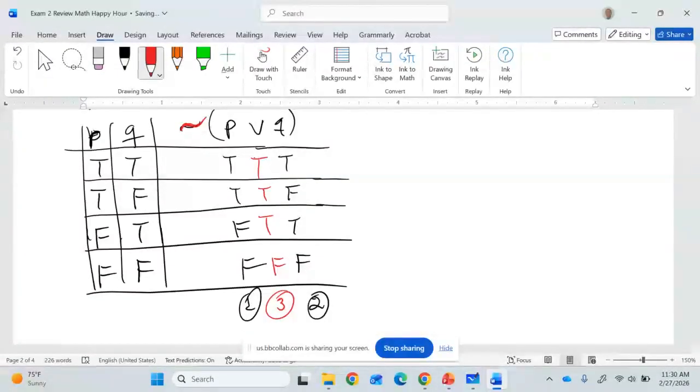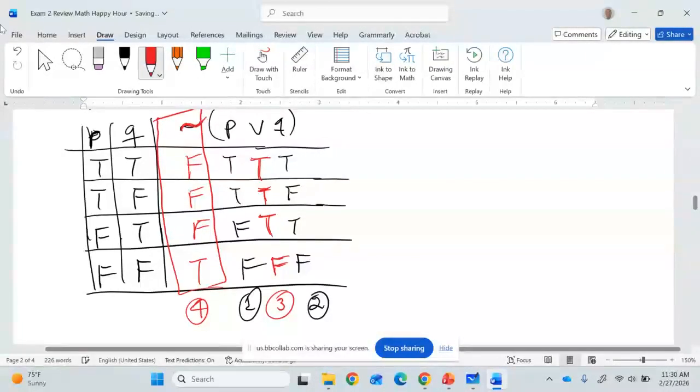So in the first row, I have a true, so then the negation will be false. Another true, so the negation is false. Now another true, the negation is false, and then false at the end, the negation is true. So this column number 4 has the final values of the entire statement.